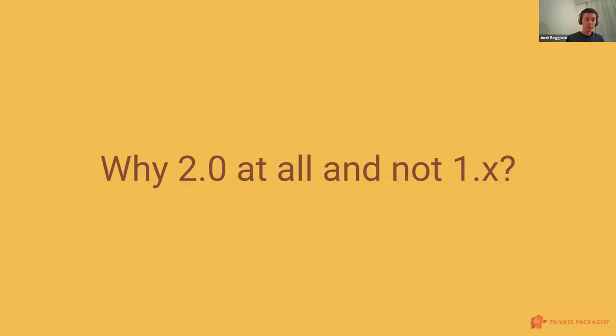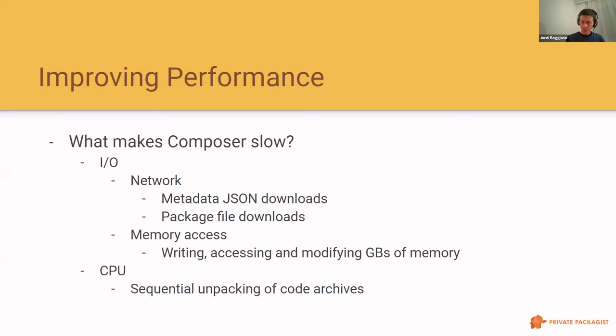So why did we need to do a 2.0 and not just another 1.x release? To see that, we have to look at what makes it slow, right? Mostly it's I/O and just loading lots of JSON metadata over the network, and then you get the dependency resolution, which does a lot of memory access to build up the entire dependency tree.